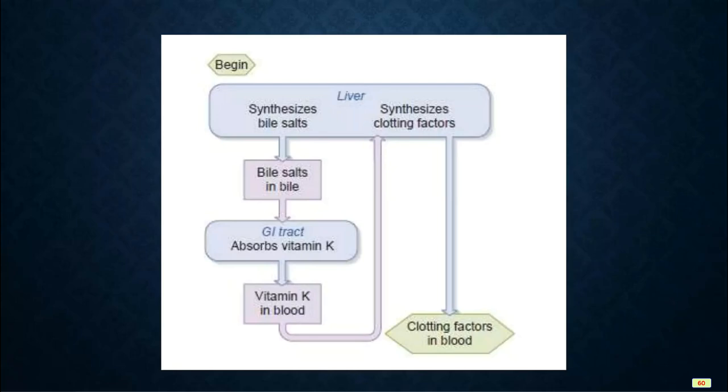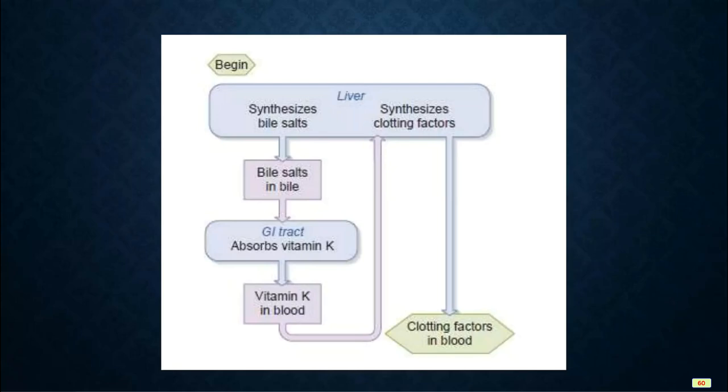Apart from this, the liver synthesizes bile salts, which are present in bile, and the GI tract naturally absorbs vitamin K, and the increased quantity of vitamin K is going to synthesize the clotting factors, and clotting factors are important steps to formation of the clot.